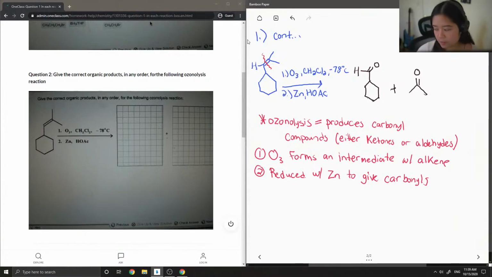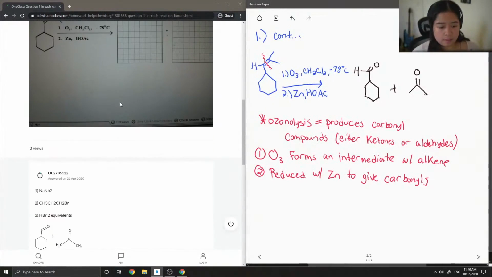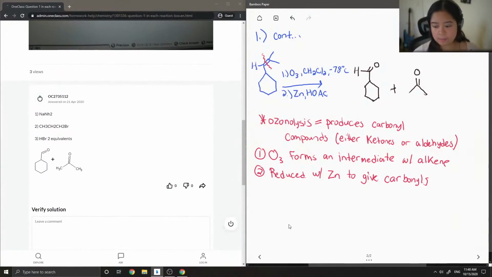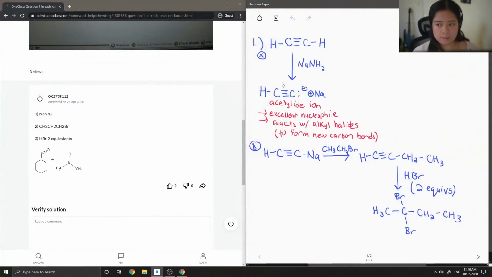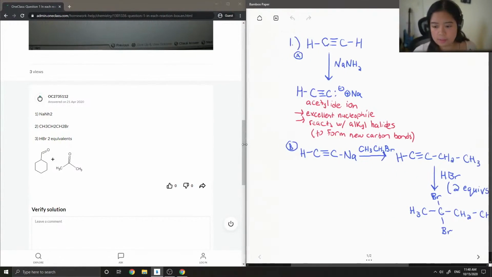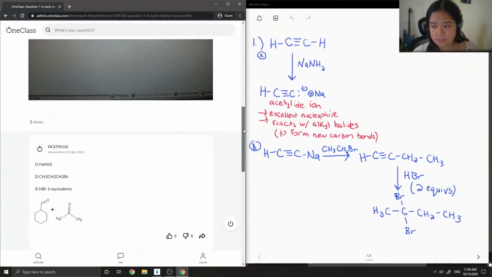Okay, so let me just confirm with the answers here. From question 1A, we would use the sodium amide and then the ethyl bromide. I think they might have used an extra carbon there.